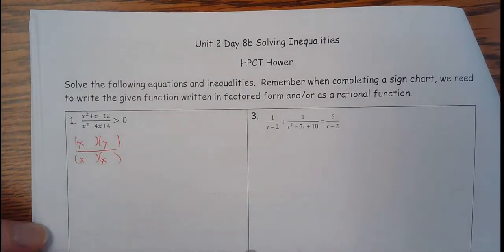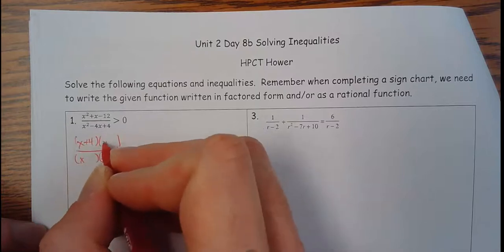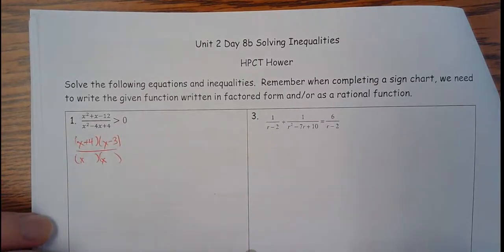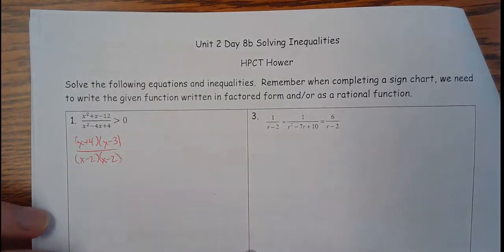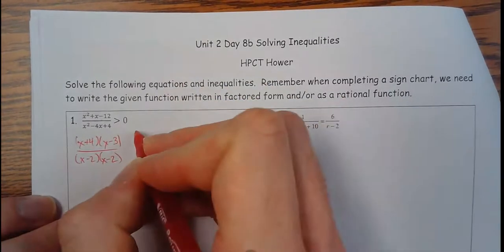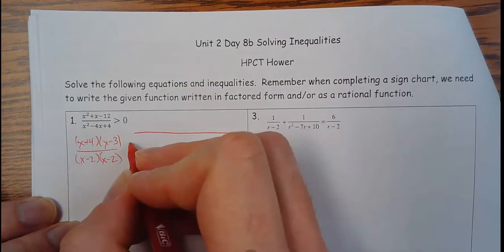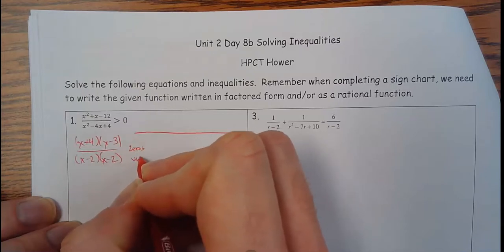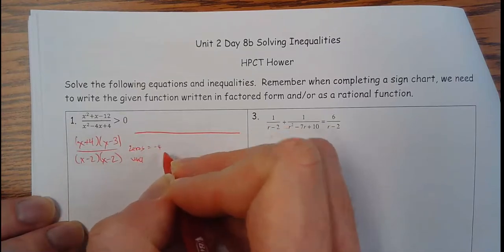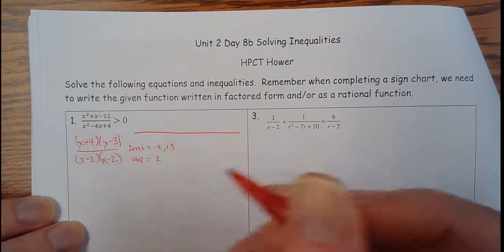So on the top here, I've got plus 4 and minus 3. And on the bottom, it's going to be minus 2, just squared, times itself. So when I make my table here, my zeros and my undefined: my zeros are going to be negative 4 and positive 3, and then it's going to be undefined at 2.